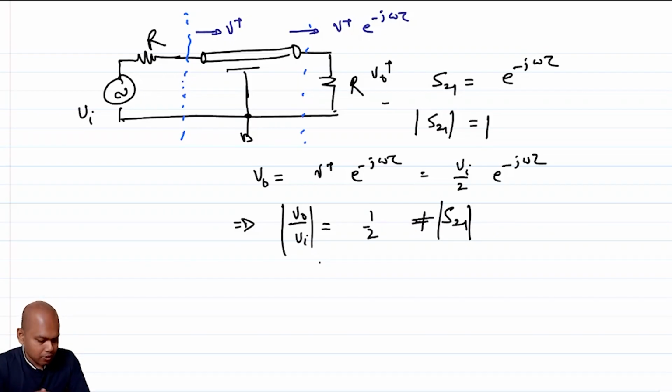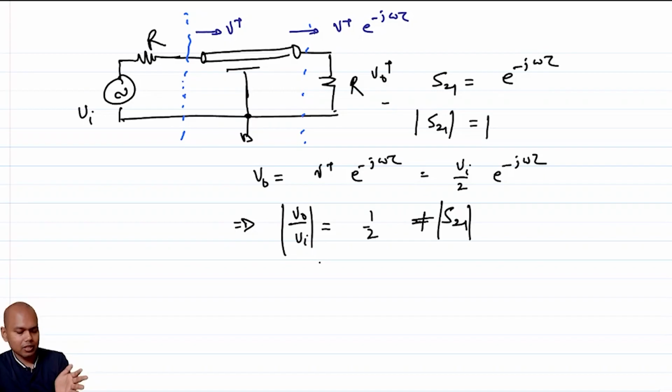Okay. Why is it not the same as S21? This is not the same as S21 because typically, if we are coming from an analog background, we are used to defining gain from the source to the load, right? But again, we are essentially defining gain from port to port, right?